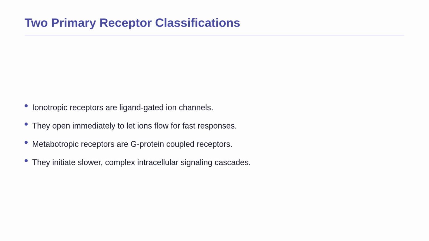Second, we have metabotropic receptors. These are G-protein-coupled receptors. Instead of opening a channel directly, they initiate slower, more complex intracellular signaling cascades. Both types are essential, providing the brain with both rapid reflexes and sustained long-term changes in cellular state.